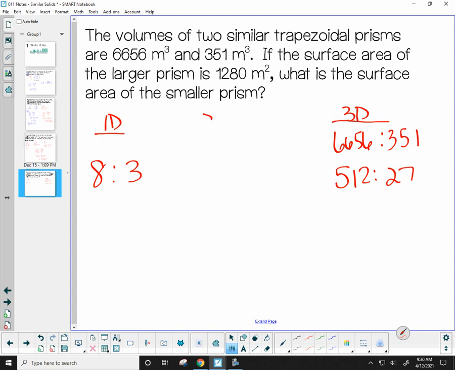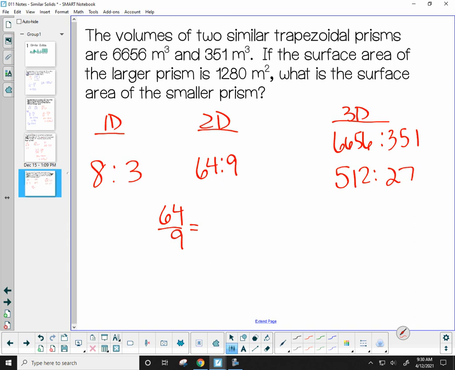All right, so now we want surface area, which is two-dimensional. So I need to square each of those, and I get 64 to 9. So because I'm looking for surface area, I need to use my two-dimensional ratio. So 64 over 9 equals, it says that the surface area of the larger prism is 1,280. This time my larger prism is in the numerator, right?